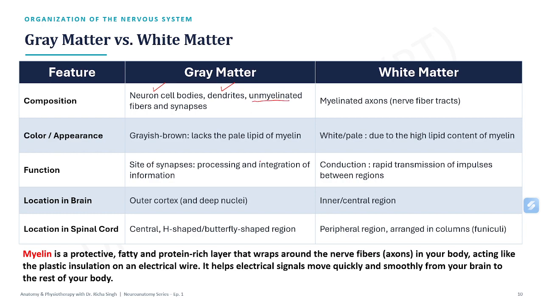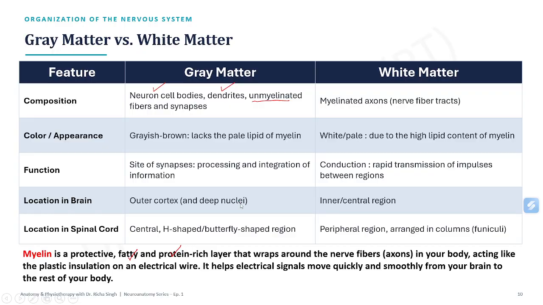What is myelin? In short, myelin is a protective, fatty, and protein rich layer that wraps itself around the nerve fibers in your body, acting like the plastic insulation on an electrical wire. So basically, myelin is itself a protein.